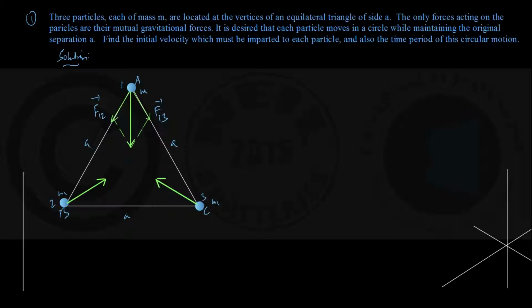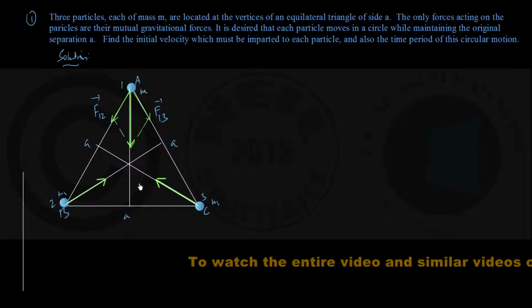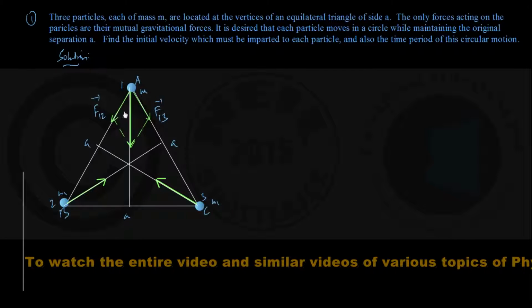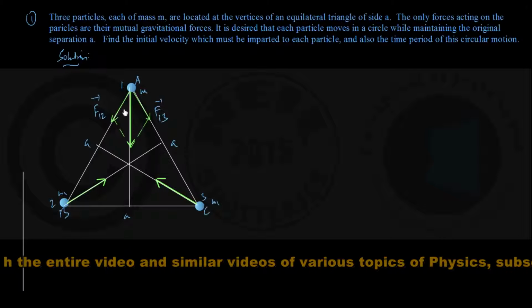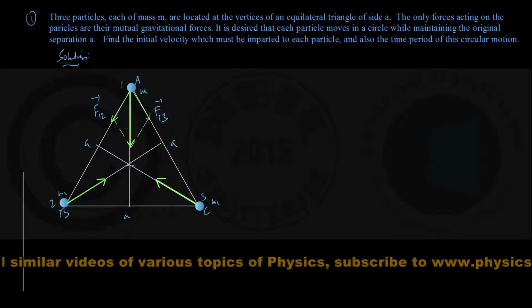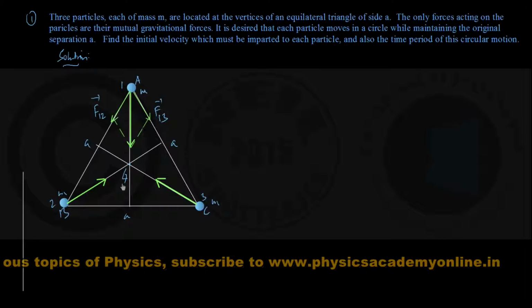So therefore, if I could have drawn those medians through A, B and C, we argue by the symmetry of the situation that all three particles must move in a circle whose center coincides with the meeting point of these three medians, that is the centroid of this triangle.